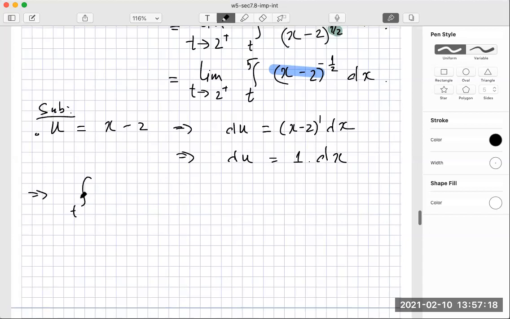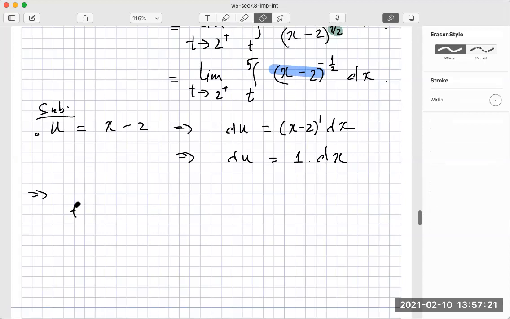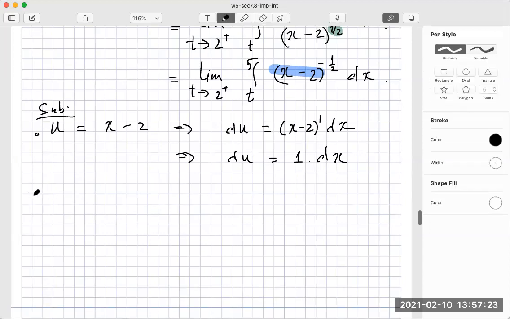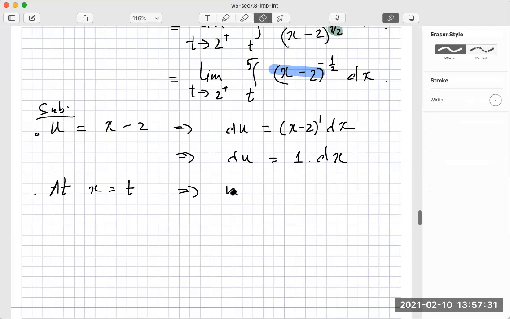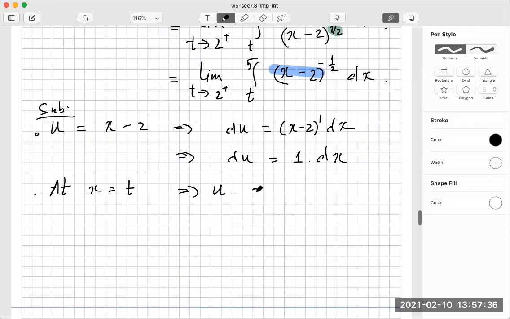Then, therefore the integral from t, we should change the limits, right? At x equal to t, what is u? Yes. At x equal to 5, yes, 5 minus 2, which is 3. Okay.